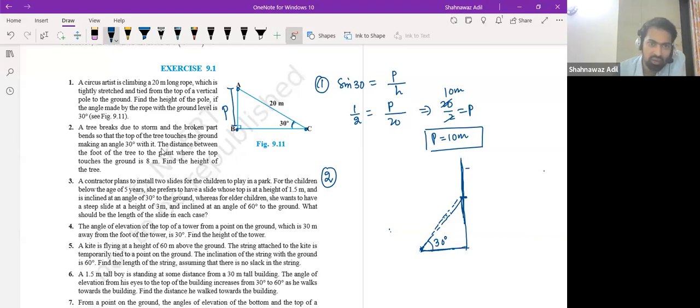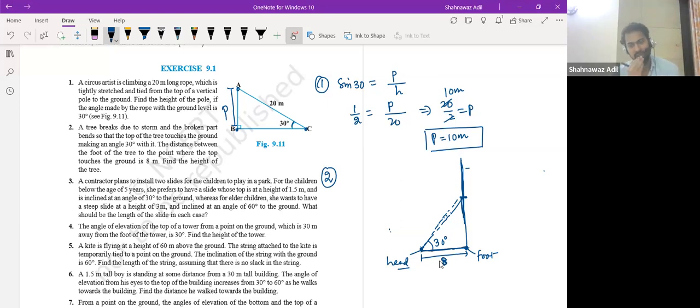The distance between the foot of the tree, this is the foot, and the point where the top touches the ground is 8 meters. So this distance is given, and we have to find out the height of the tree.